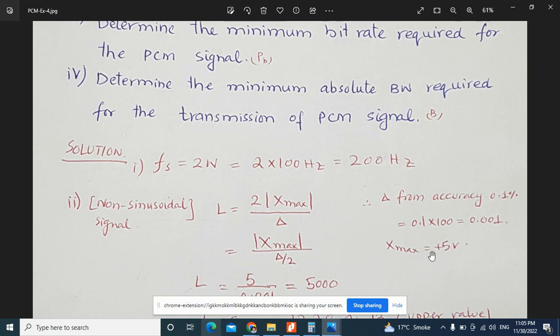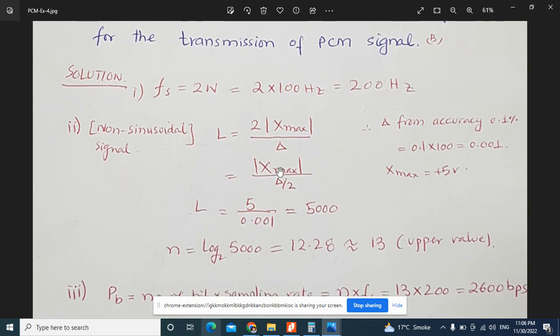We know x max equals 5 volt, so delta is also given. Taking that 2 here, it becomes x max divided by delta by 2, and delta by 2 is your accuracy. So 5 volt divided by 0.001, the answer is 5000.